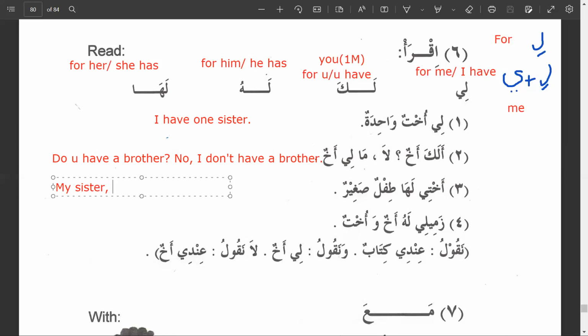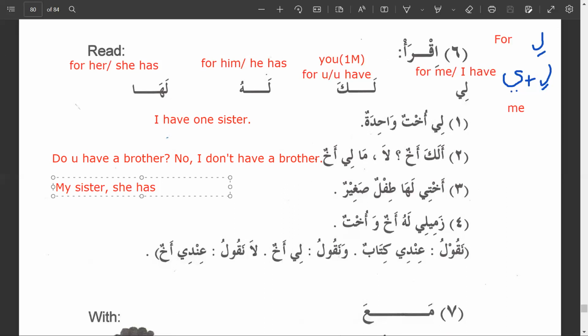Laha means, you can look at the top list. Laha means for her. Would it translate as has? Yes, she has. Tiflun, a kid.